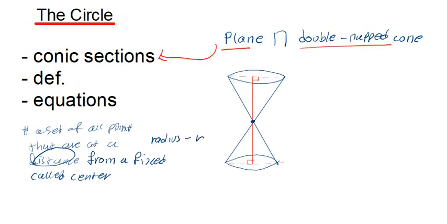Okay, another definition that would make a lot of sense when it comes to the intersection between a plane and a double napped cone is that a circle is a conic section formed when the plane is perpendicular to the cone axis.